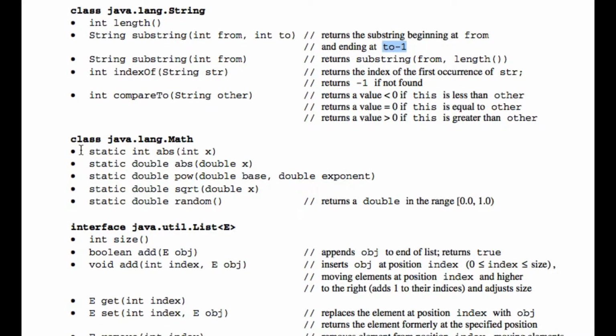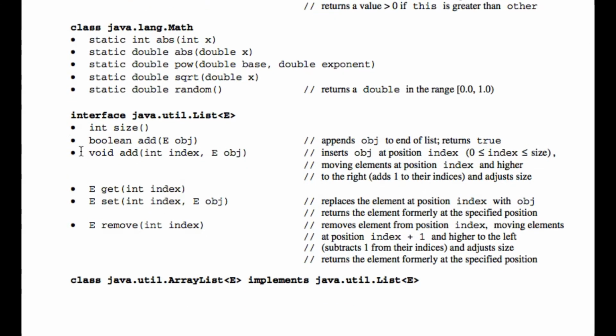Java class lang Math. This has some methods that you can use by writing capital Math dot method name, because it's a static class. You can't make a Math object. You can just use these methods. The one that you'll most likely have to use is the random method, Math.random.